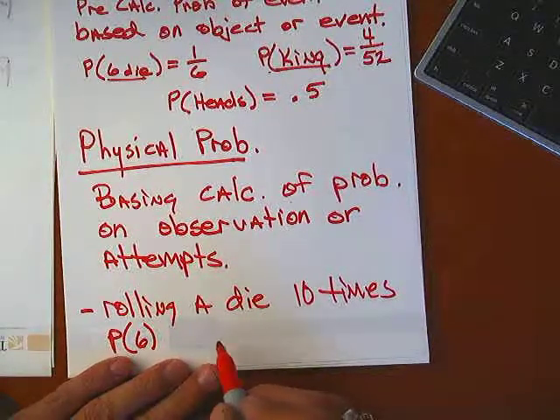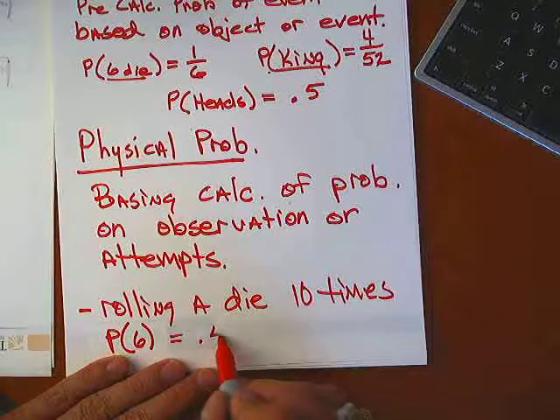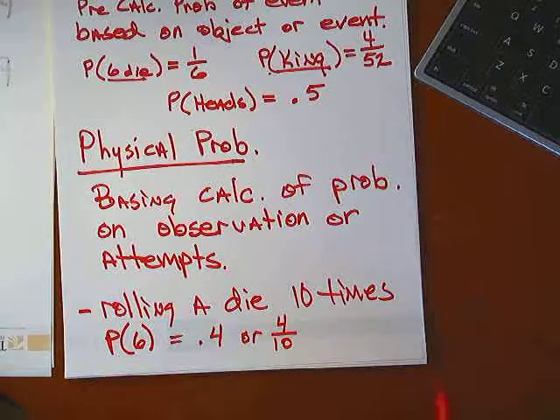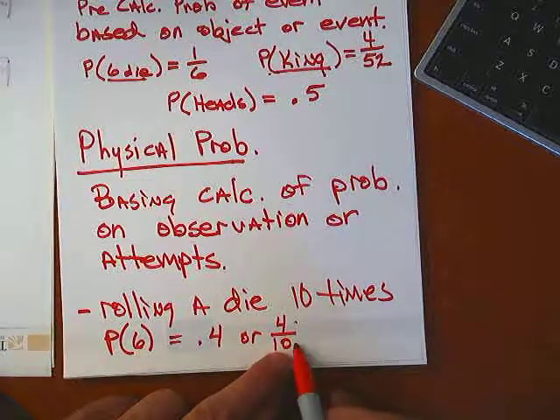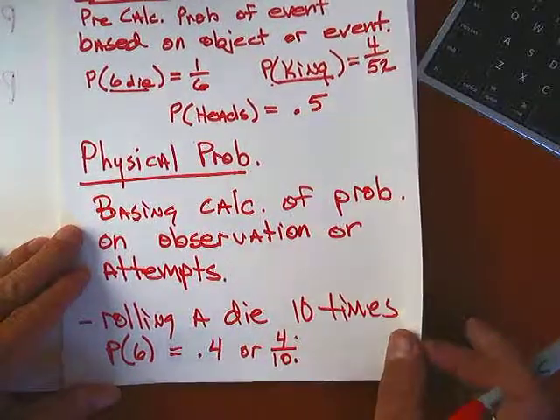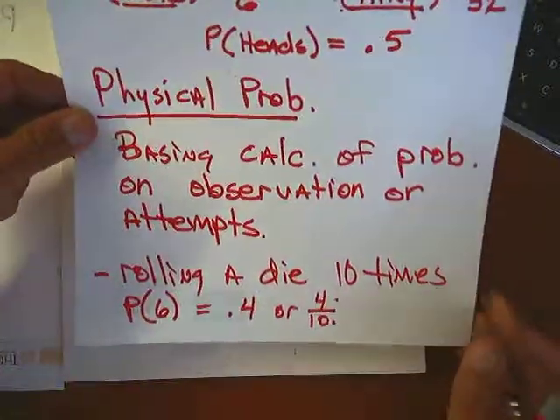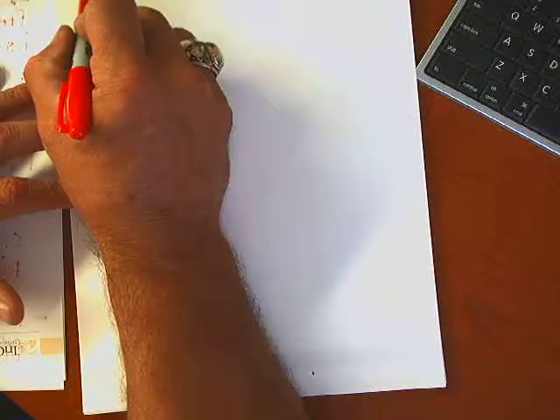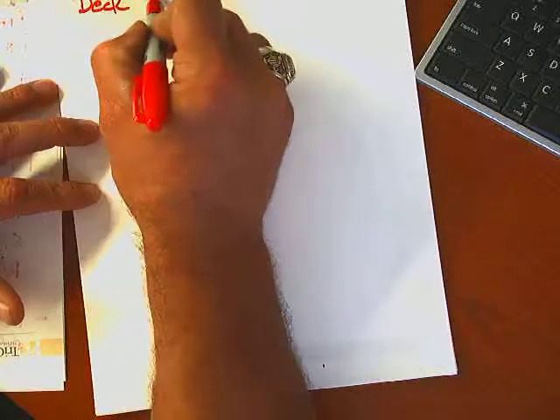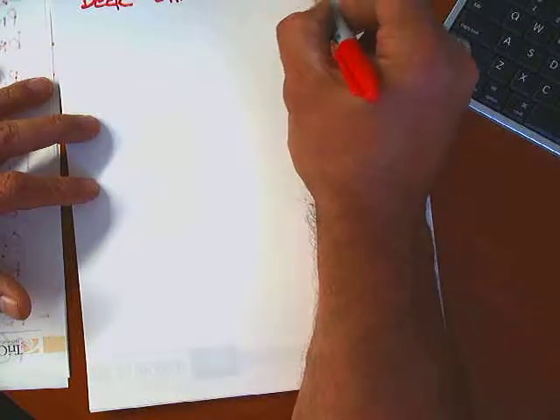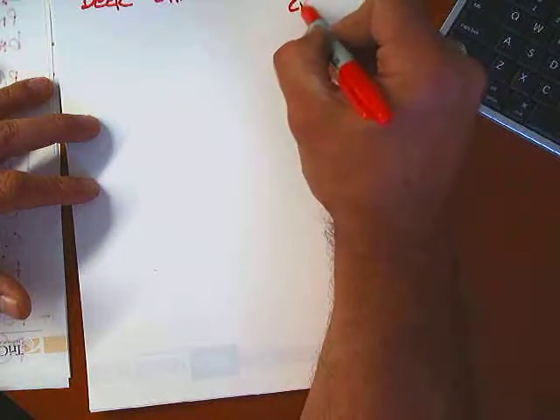That would be rolling a die 10 times to see the probability of a 6. That would be an example of a physical probability. Let's say you rolled it 10 times and it came up 4 times with a 6, then that would be a 0.4 or 4/10 probability. The number of actual events over the number of tried events. And we'll get into that in just a minute.